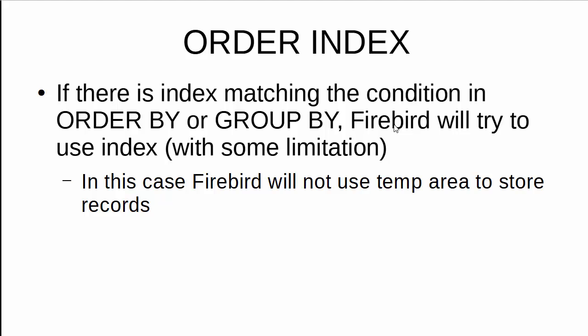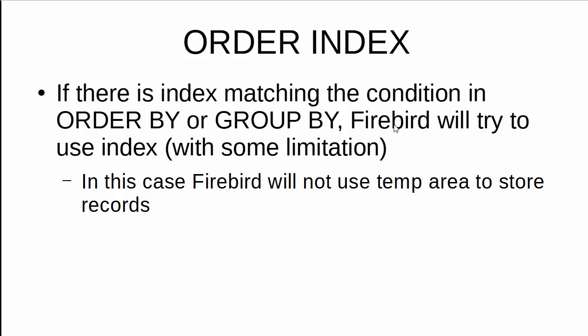However, for the situation which I described, many developers could say, okay, but we can also use the index for the sorting. Right. If there is an index matching the condition in order by or group by, Firebird will try to use the index to sort data and return them.